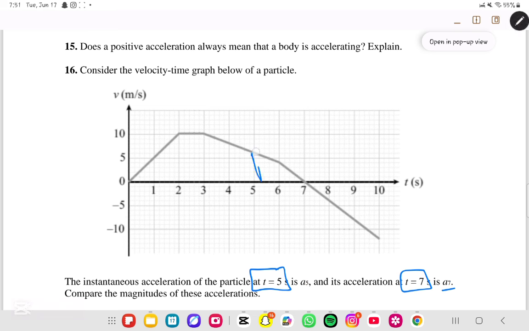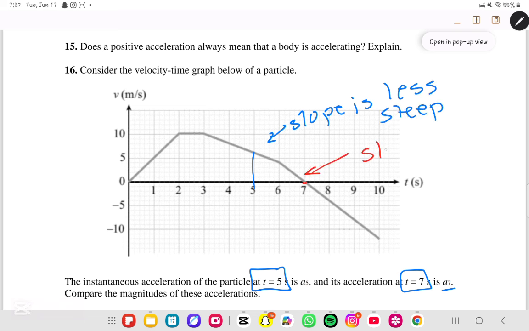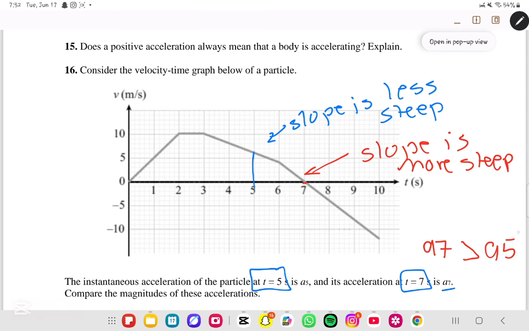Look at a5: as you can see, the slope is less steep than at a7. Here the slope is more steep. So remember, the steeper the slope, the greater the acceleration. That means for sure a7 is greater than a5.